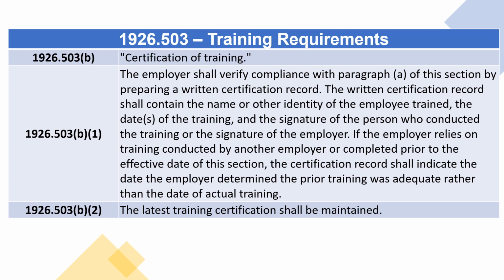If the employer relies on training conducted by another employer or completed prior to the effective date of this section, the certification record shall indicate the date the employer determined the prior training was adequate rather than the date of actual training. 1926.503(b)(2). The latest training certification shall be maintained.